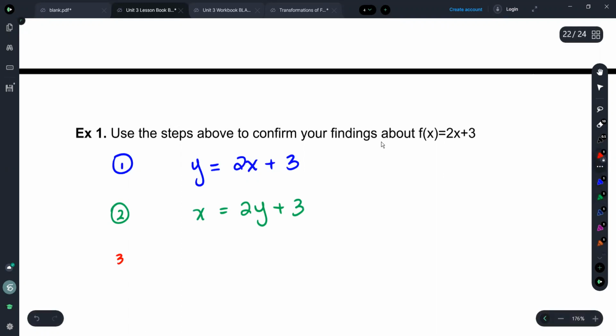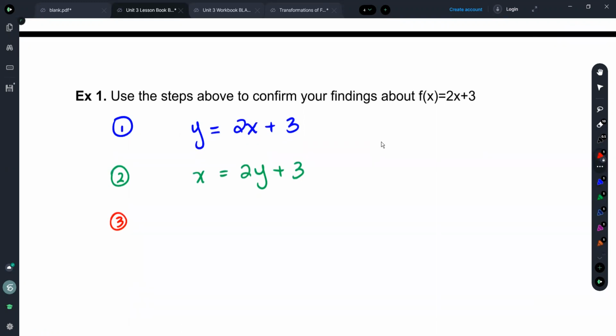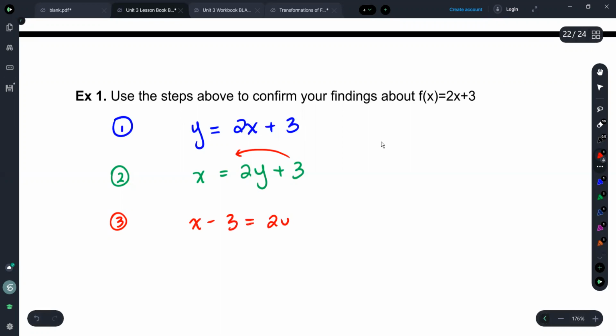Third step, isolate for y. When we isolate, we do reverse BEDMAS, right? We get rid of additions and subtractions, then multiplications and divisions, then we can go into exponents and brackets. So we're going to move the positive 3 over as a first step, and then we will divide each side by 2.